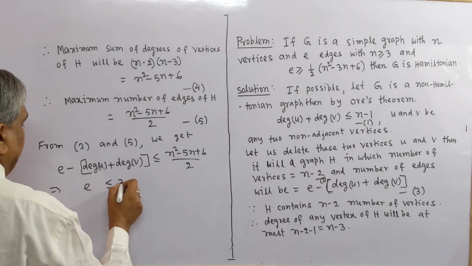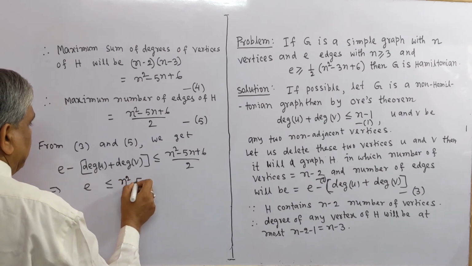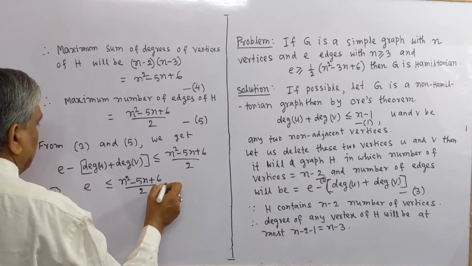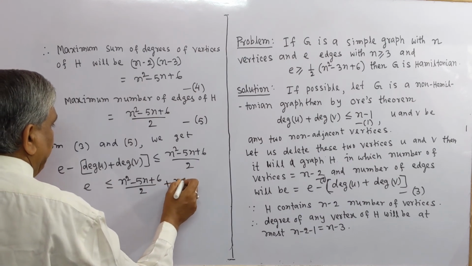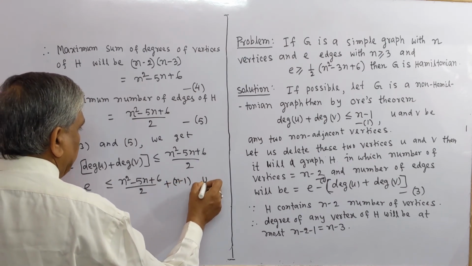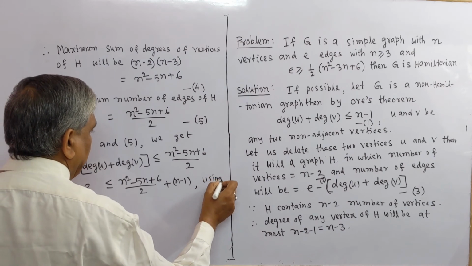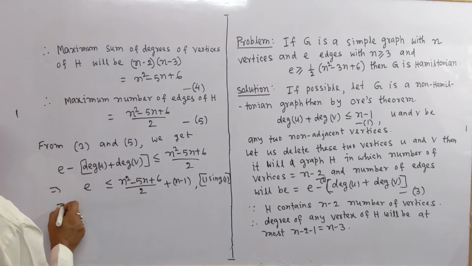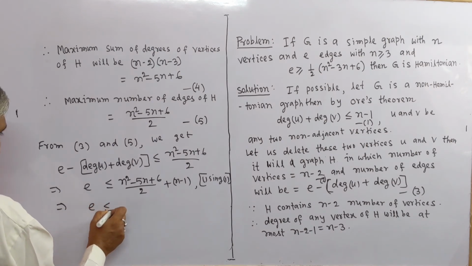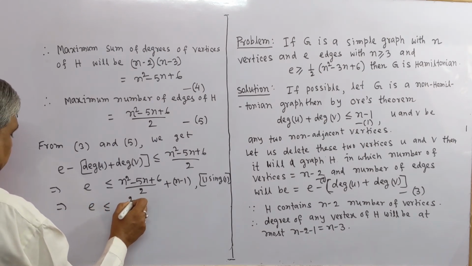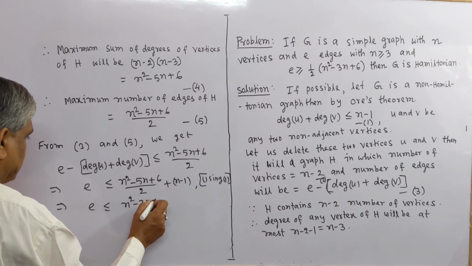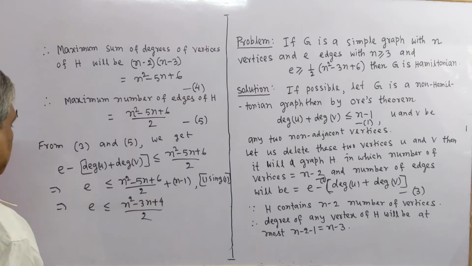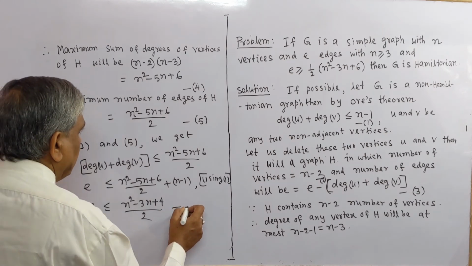So this will be n square minus 5n plus 6 by 2 plus n minus 1. This implies that E is less than or equal to n square minus 3n plus 4 by 2. This is number 6.